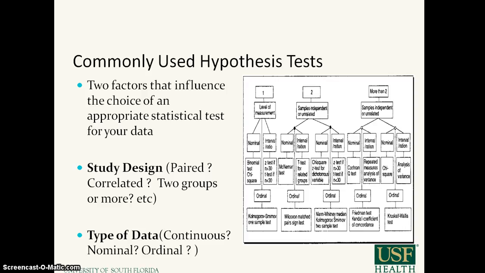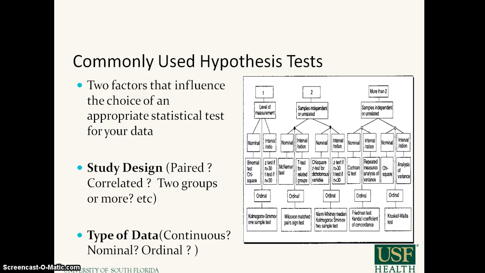I want to tell you that two factors influence the choice of an appropriate statistical test for your data. One is study design. You want to think about what the study design is. Was it a paired design, such as pre and post test? Whether the data are correlated. Do you have two groups or more groups, etc.? Okay.